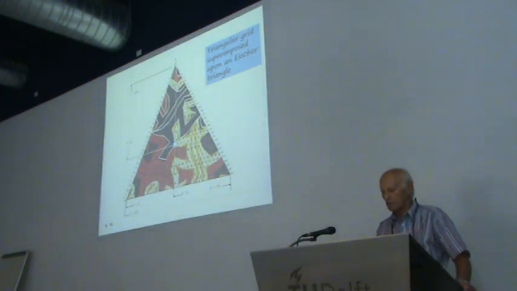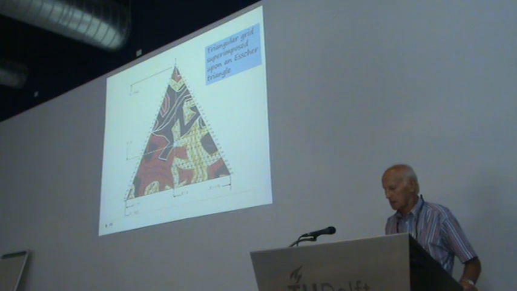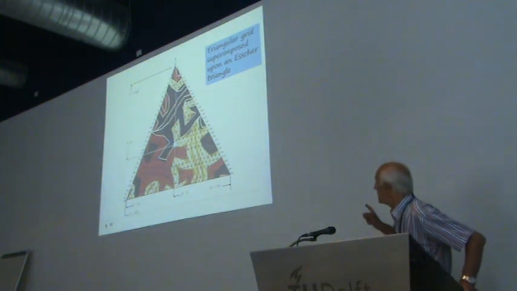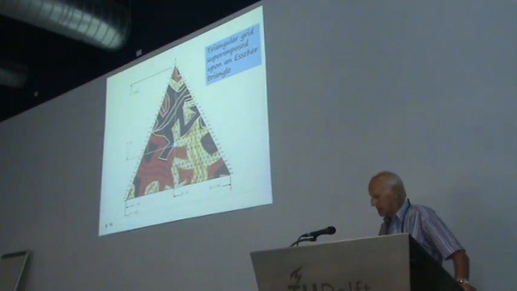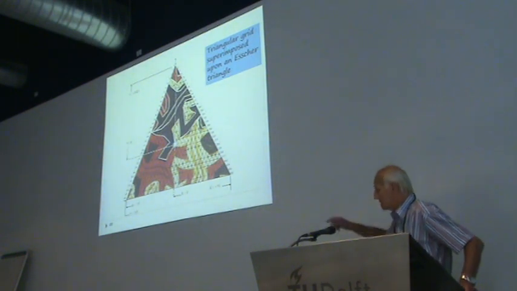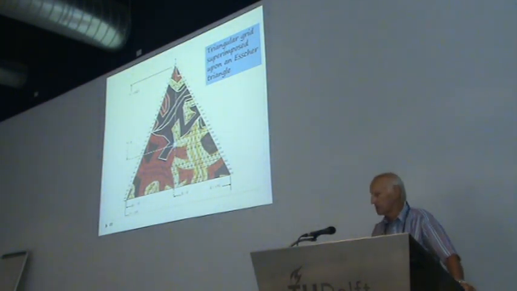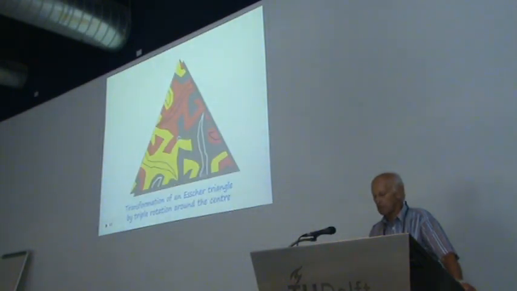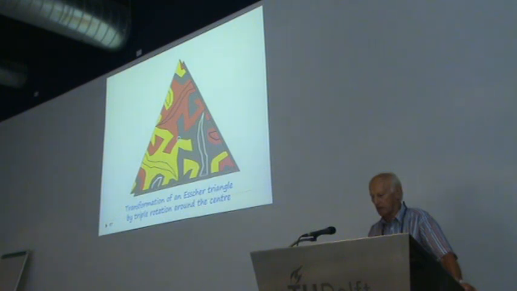You can take one triangular part out of it and trace a third of it. When you rotate it around that circle, three times over 120 degrees, you get a complete figure. This is what it looks like in the end, and with colors in it. Well, this is what I call the transformation of an Escher triangle.